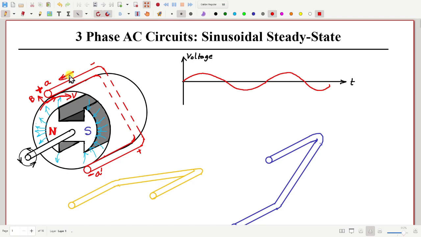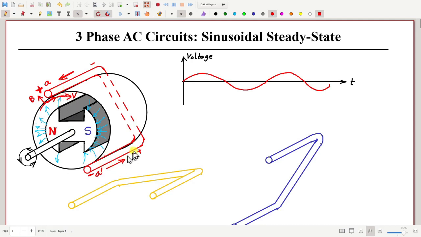Okay, so it will try to drive the current in this direction. And on the other side, which is below the north pole, when this north pole comes directly below side A prime, then here, sorry, south pole comes directly below this A prime, then the induced EMF will be in the opposite direction like this, because here we have north pole, here we have south pole.